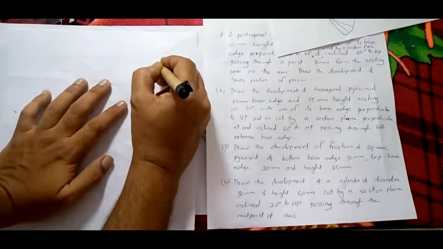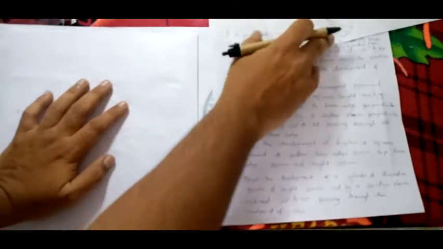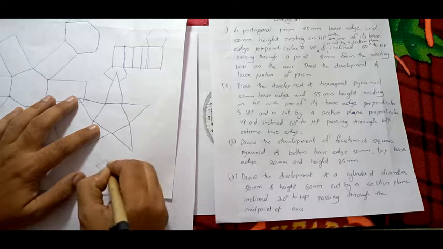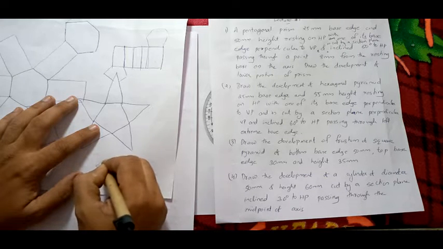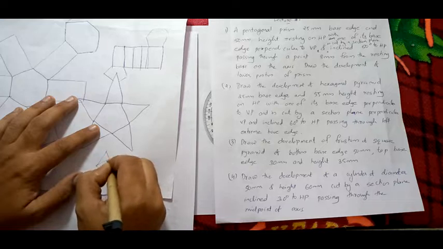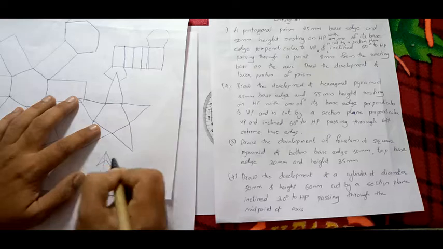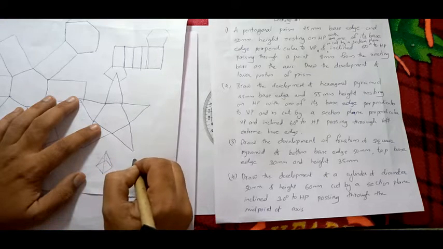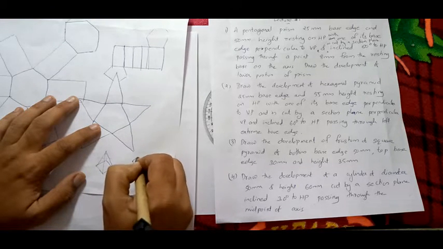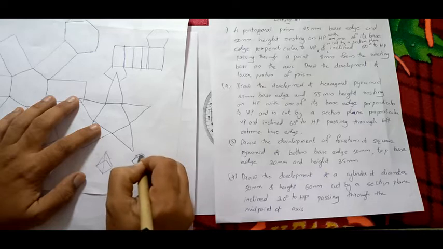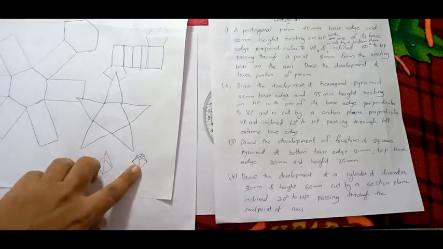You see, if you have a square pyramid like this, we will be cutting here like this, in such a way that you will obtain a figure like this, similar to a bucket shape.